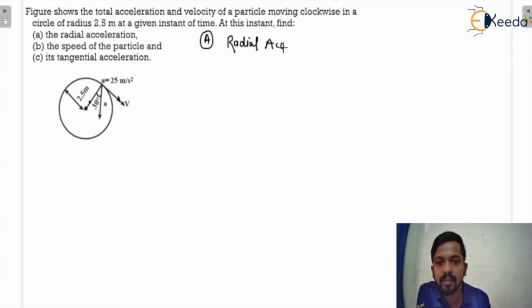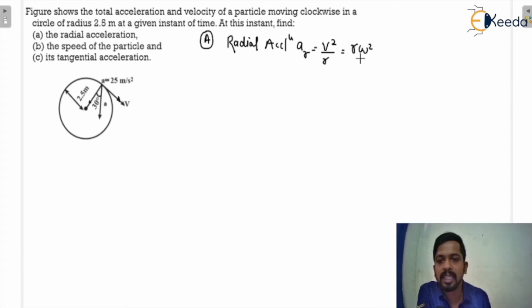First you need to know the formula for radial acceleration: a_r equals v square upon r, in terms of linear velocity, or r omega square, in terms of angular velocity.